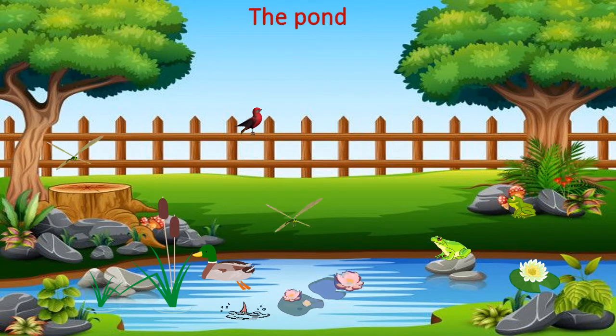Also, in the pond, we can see some special kinds of plants, such as the cattails and the water lilies. These animals and plants get what they need from the pond, so the pond is their habitat.